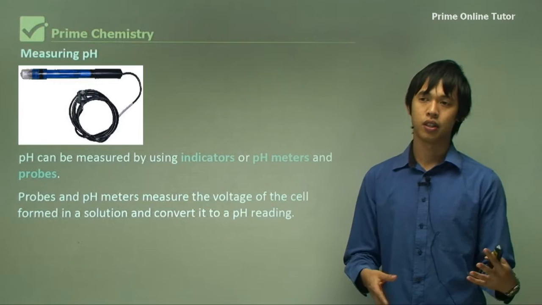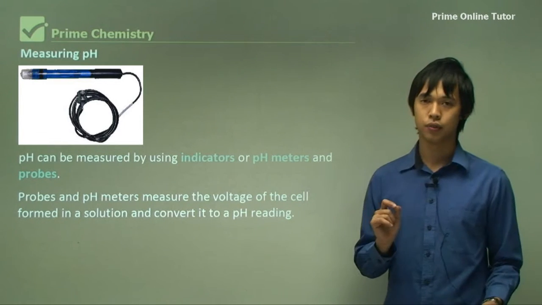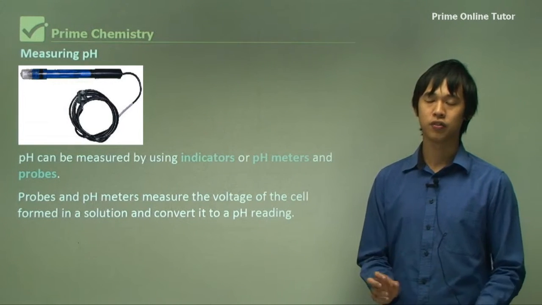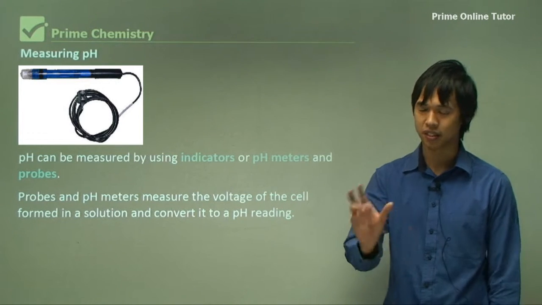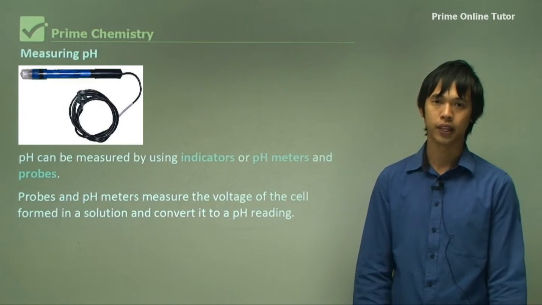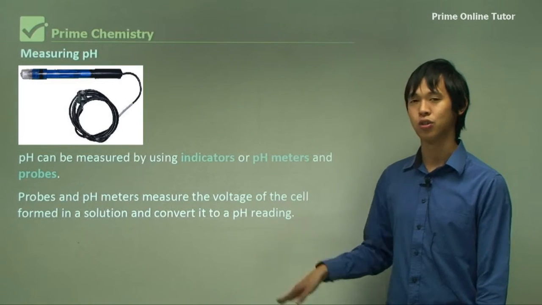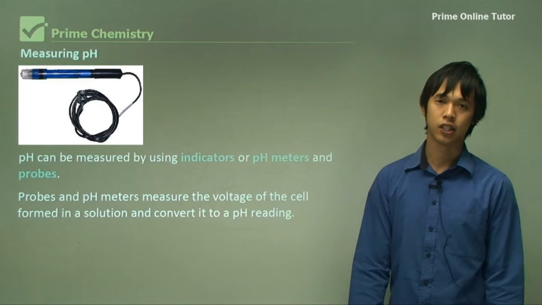So that's a very smart way of measuring things, because we can measure voltages very accurately, whereas colors are a little bit harder to distinguish, especially if you're colorblind. So indicators are not as good as digital meters, because we can measure things quite accurately digitally.